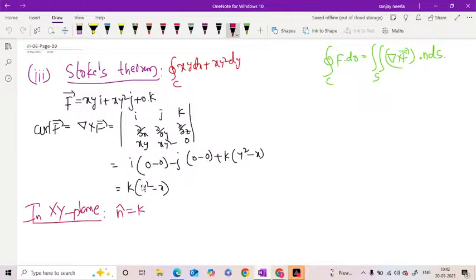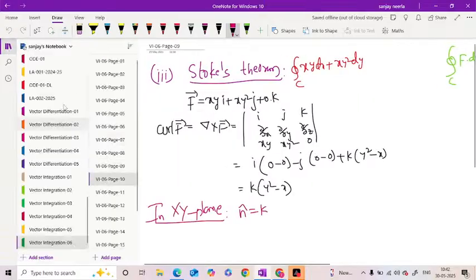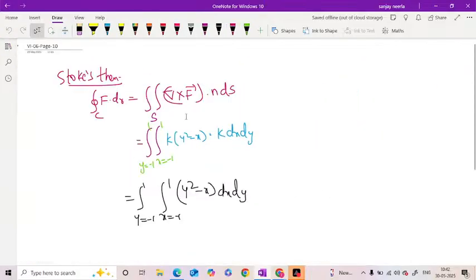After simplification we will get k times (y square minus x). In this problem it is given in the xy plane. So in the xy plane, the unit normal vector is k. Just substitute all the results in the formula.